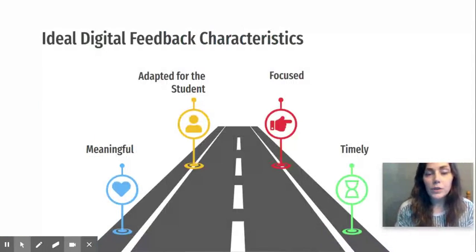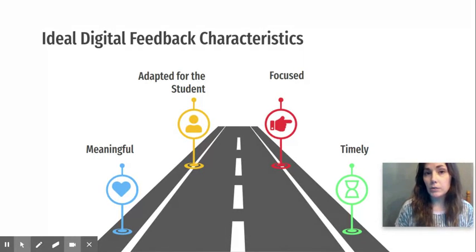Whenever we think of feedback characteristics, what we're trying to give to kids, we want it to have four basic things, right? We want it to be meaningful, so that it points out things they can do better, points out things they've done well, and moves them in the right direction of where you want their work to eventually end up.